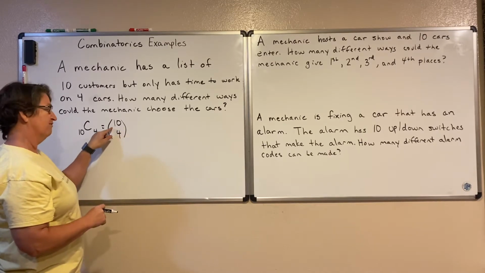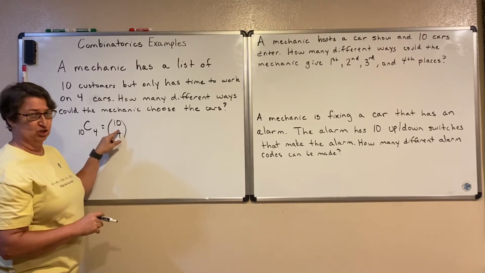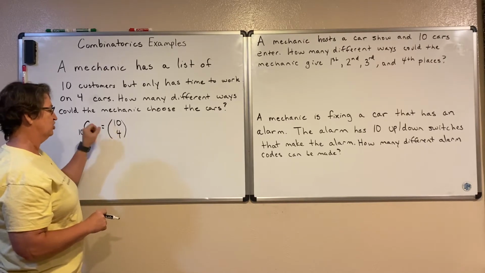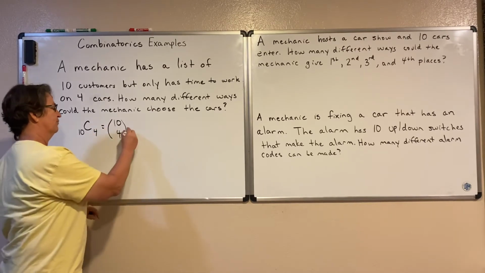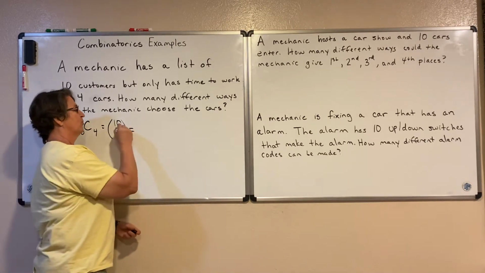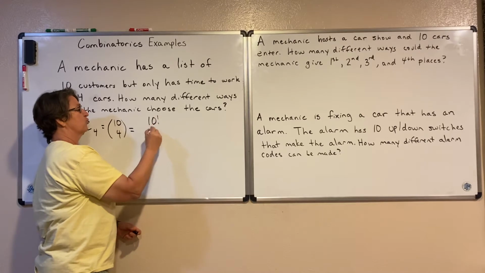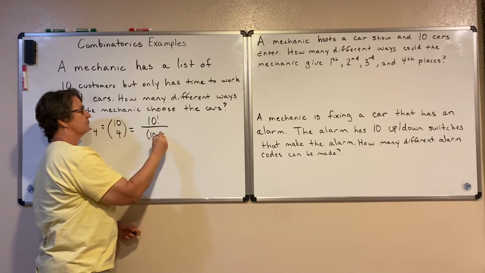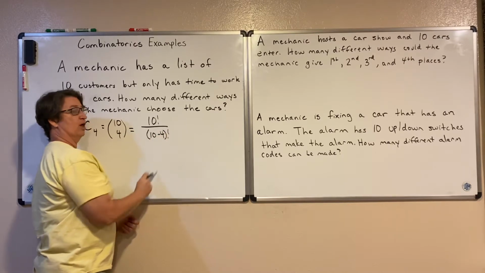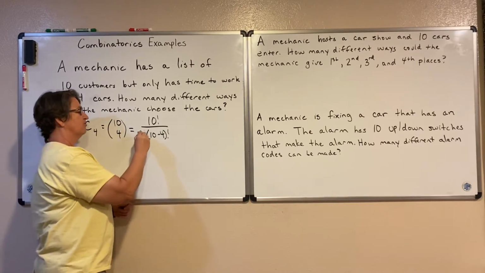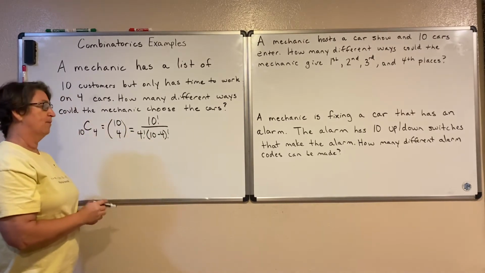Notice there is not a vinculum. It's not a fraction. It's just another notation that lets us know this is a combination. Then we're just going to use our combination formula where we put the 10 factorial on top, over 10 minus 4 factorial on bottom. And since it's a combination, it also has the 4 factorial on bottom.